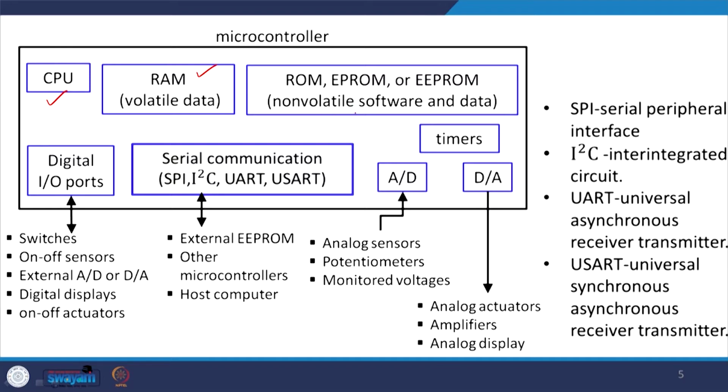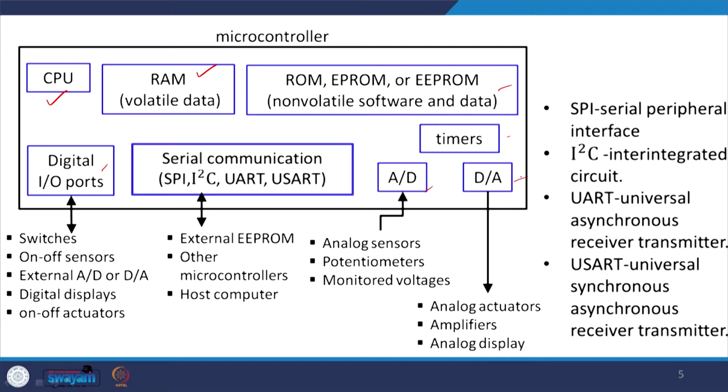These are non-volatile software and data. We have digital input output ports, and of course, the serial communication units are here, timer is there, and analog to digital as well as the digital to analog converter are over here.